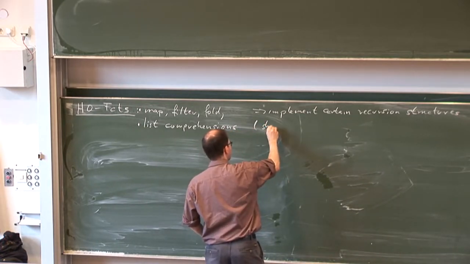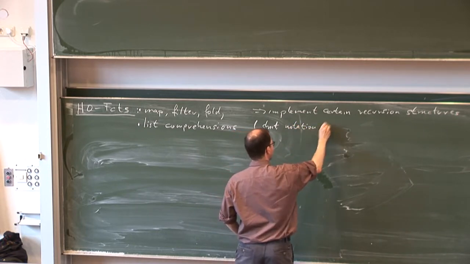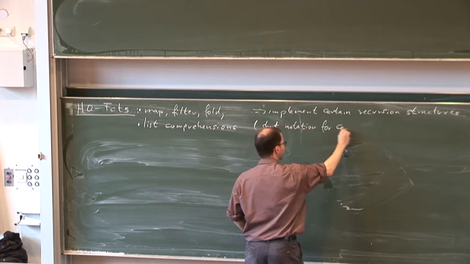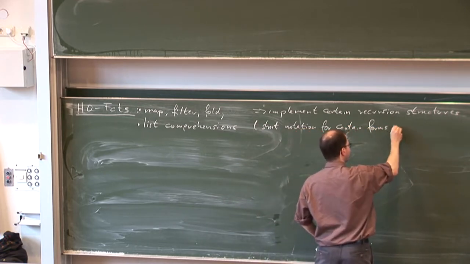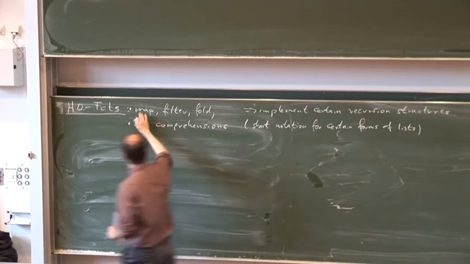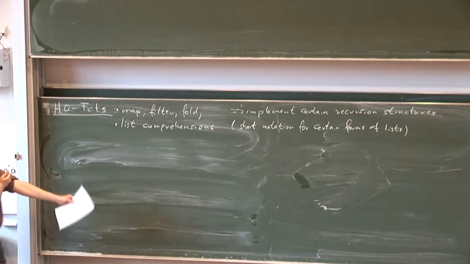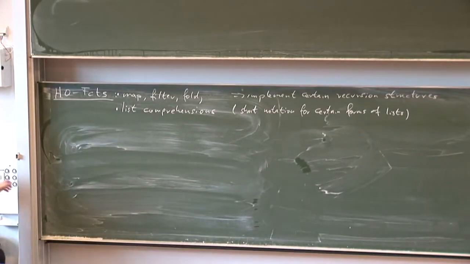So, a short notation for certain forms of lists. We spoke about these recursion structures by higher order functions, but list comprehensions we did not yet discuss, so that's what I want to do now.